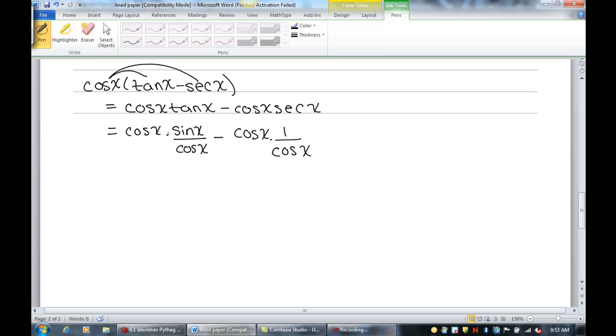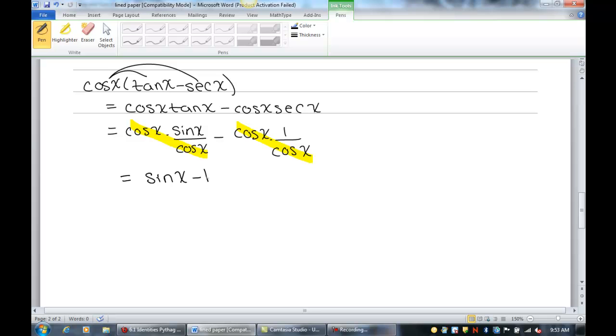So what you should notice happen here is my cosines should cancel, or simplify to be 1 is a better way to say that. And I should be left with sine x minus 1. And that is multiplied and simplified. Okay? So there's no general procedure for simplifying trig expressions, but it is helpful to write everything in terms of sine and cosine, and then look for Pythagorean identities if they exist.